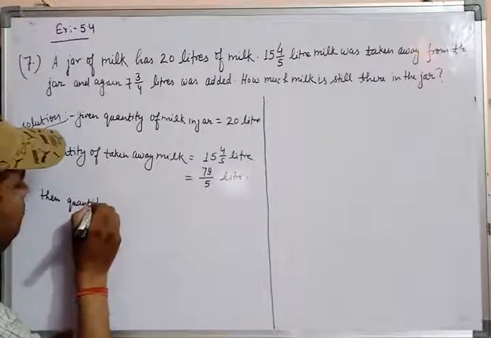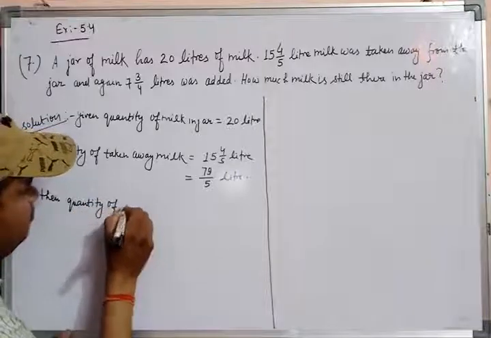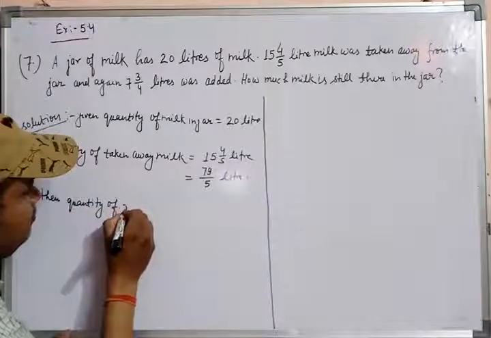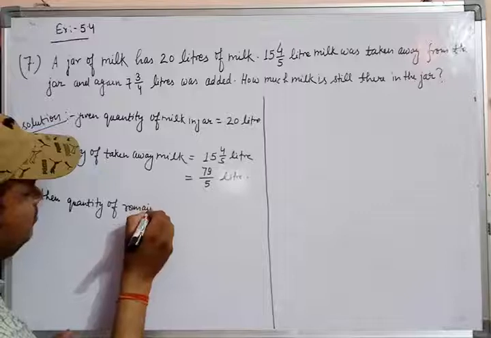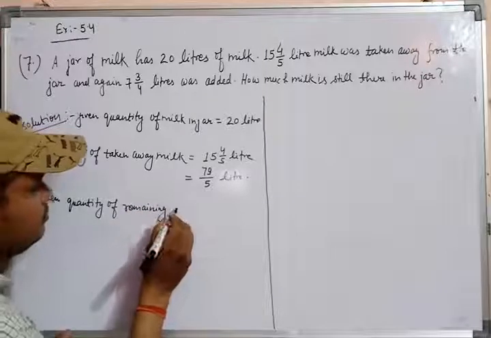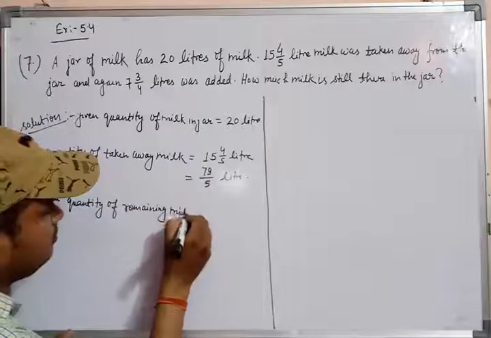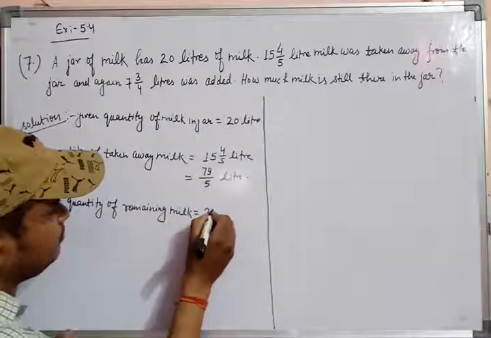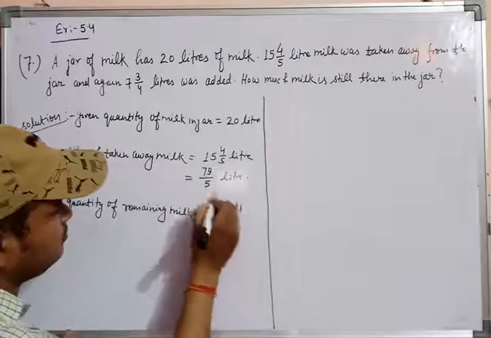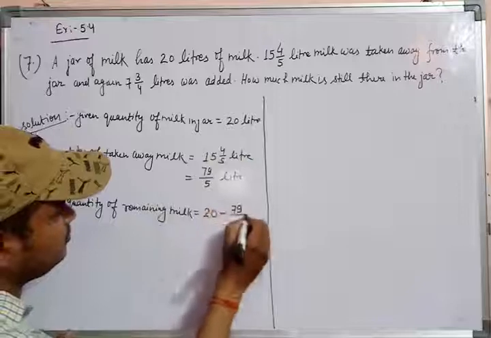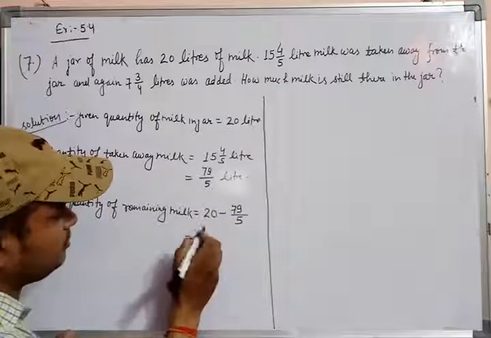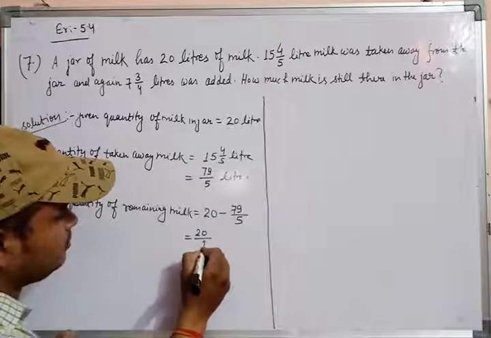Then quantity of remaining milk is equal to, you have to subtract this from 20. This is not a fraction, so we can write like this.